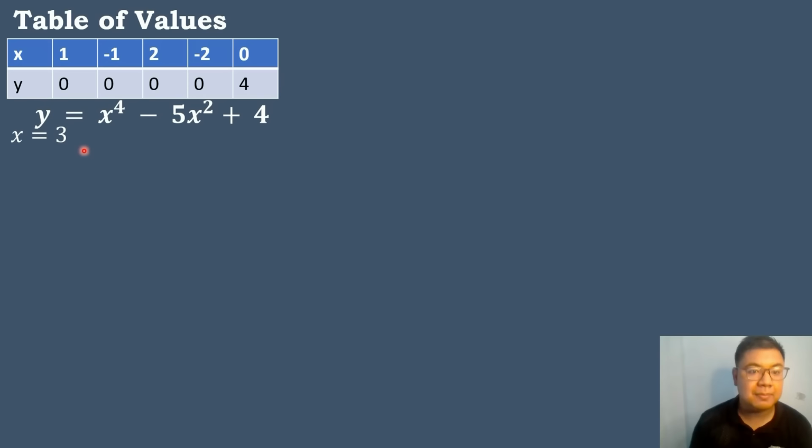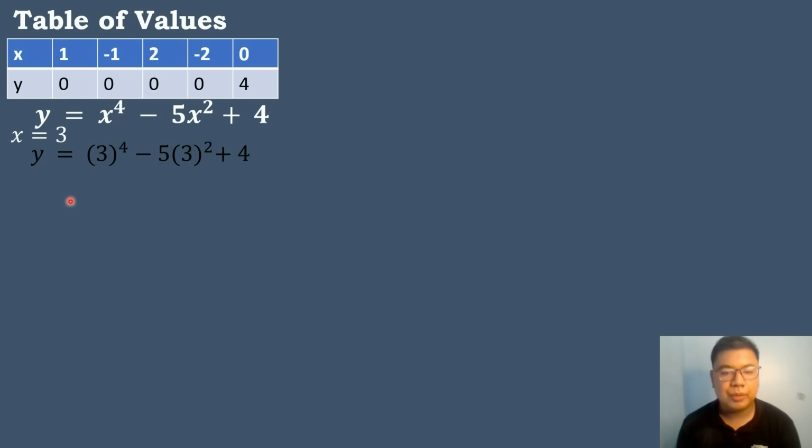So we will substitute 3 into our polynomial function y is equal to x to the fourth power minus 5x squared plus 4. Substituting it, we have y is equal to 3 raised to the fourth power minus 5 times the quantity of 3 to the second power plus 4.